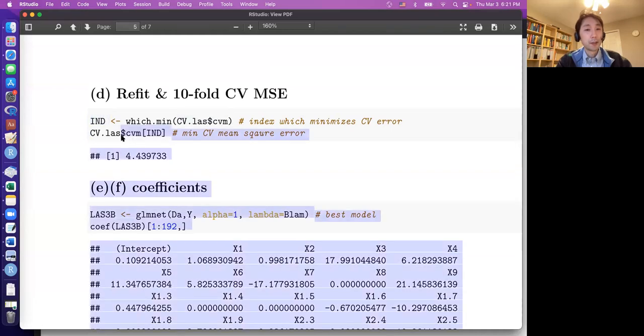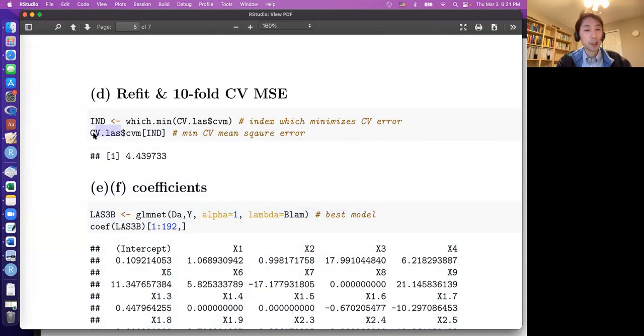Here cv.lasso is the cv.glmnet object, and cvm at that index gives the minimum cross-validated mean square error. That is about 4.439. Last time I ran, 4.444. So it is around 4.44. That is the performance the lasso model can achieve.